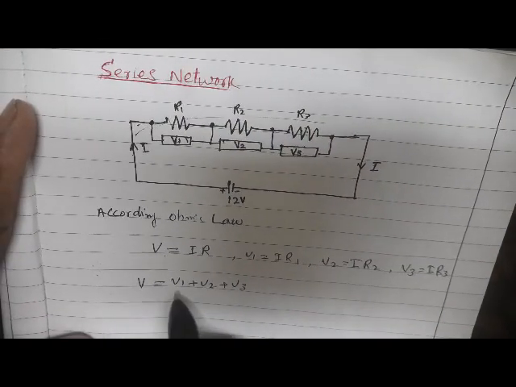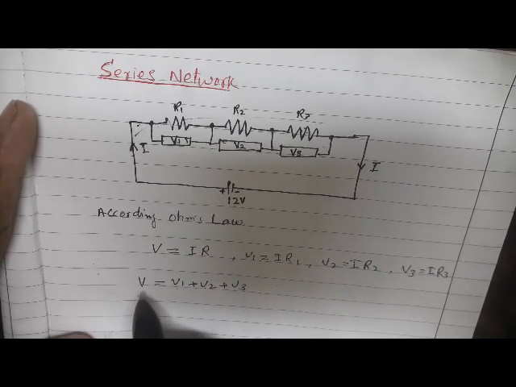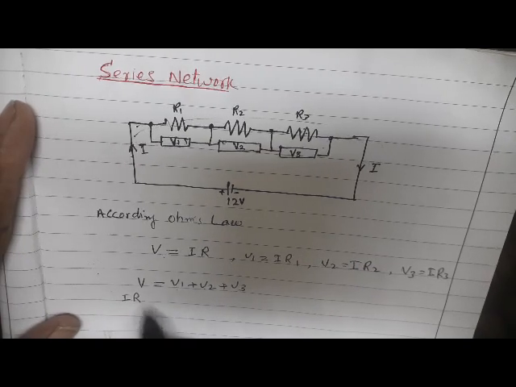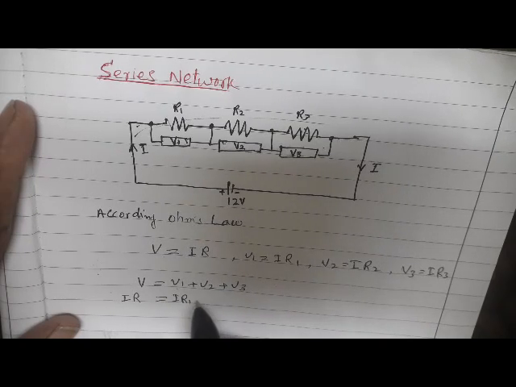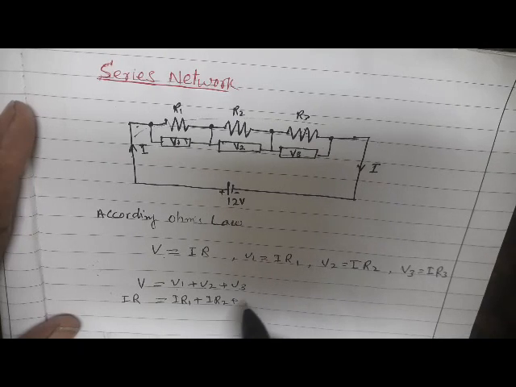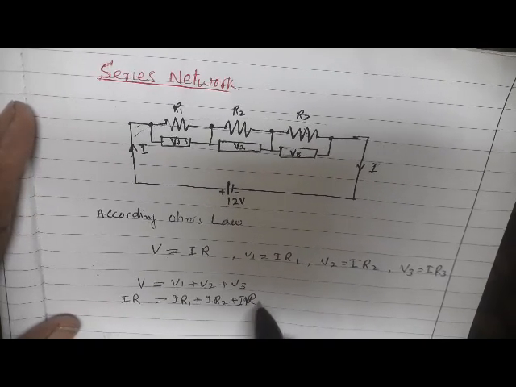If I put the values of V1, V2, V3 in this equation, I will get V is equal to IR1 plus IR2 plus IR3.